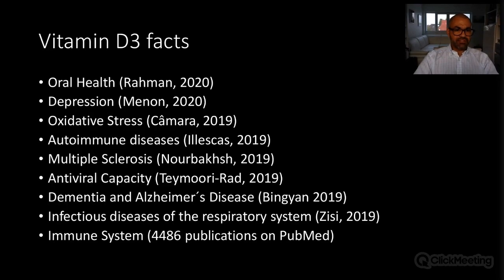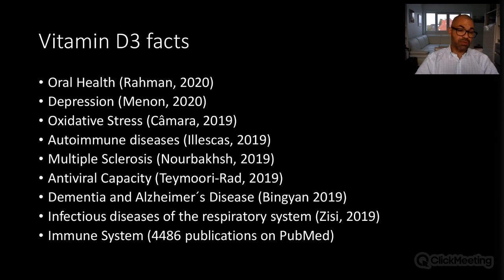So what are the benefits of vitamin D3? And these are facts. This is summarized. It's a summary of only a few studies, but it's common knowledge that it is super important for oral health. It is reducing depression. It is beneficial for oxidative stress. It's very good for the autoimmune system and can affect autoimmune diseases.